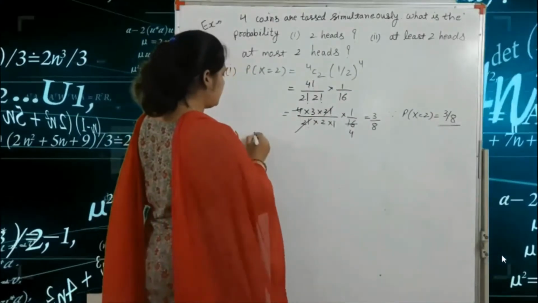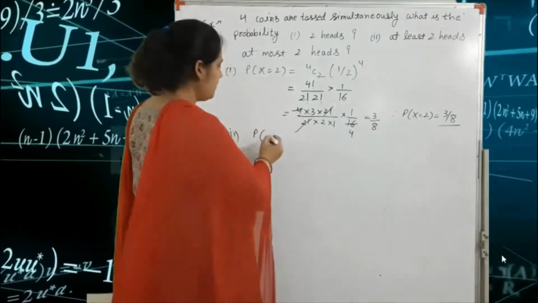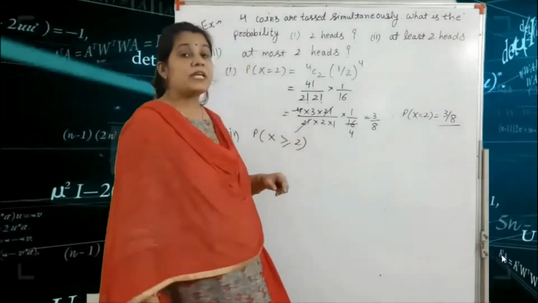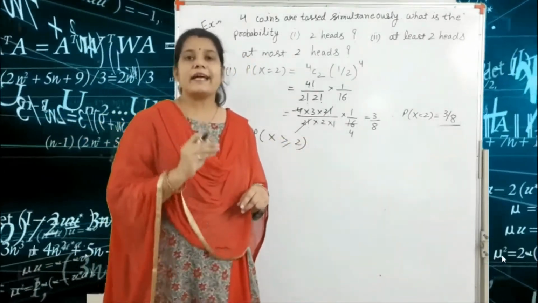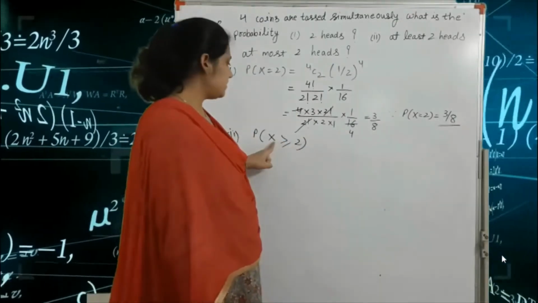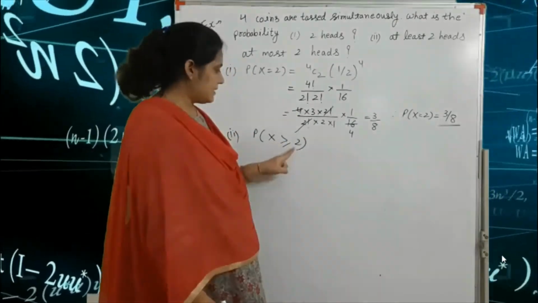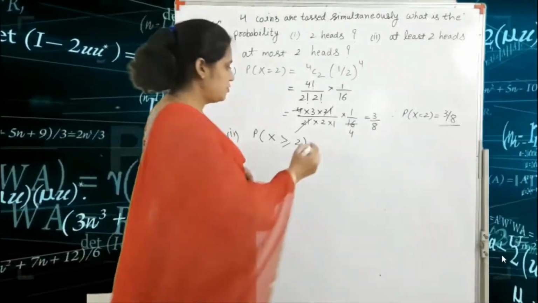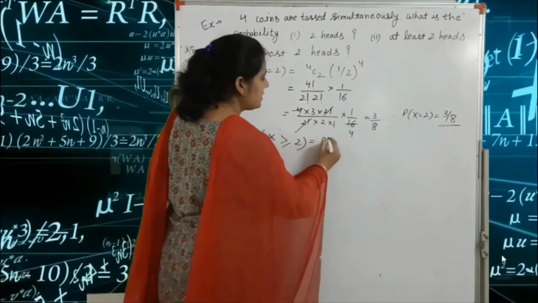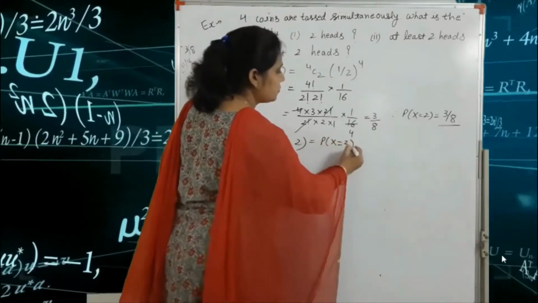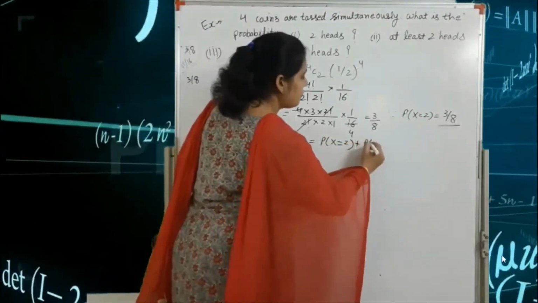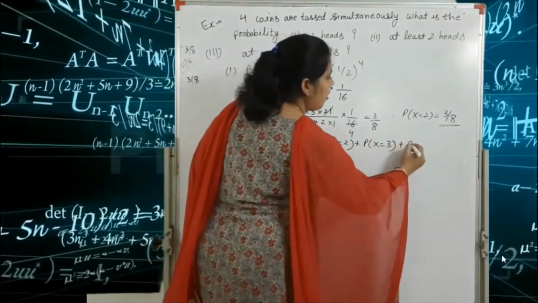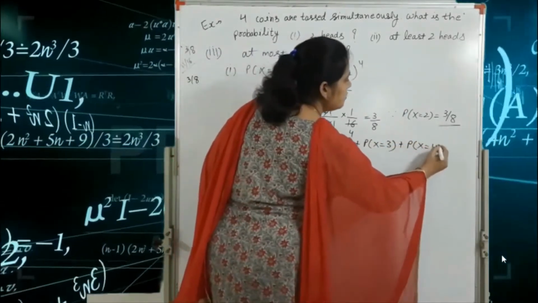So here we write the probability P(X greater than or equal to 2). What do we mean by P(X greater than or equal to 2)? That means the value of x is 2, 3 and 4. So we write the probability of x equal to 2, plus the probability of x equal to 3, plus the probability of x equal to 4.